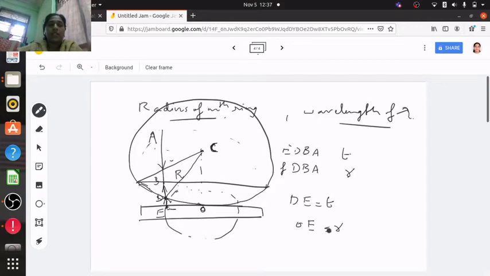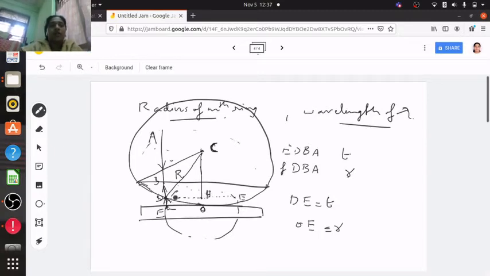So consider the right angle triangle, where we are drawing a parallel line DF, and we are considering this triangle. Here it cuts at H.